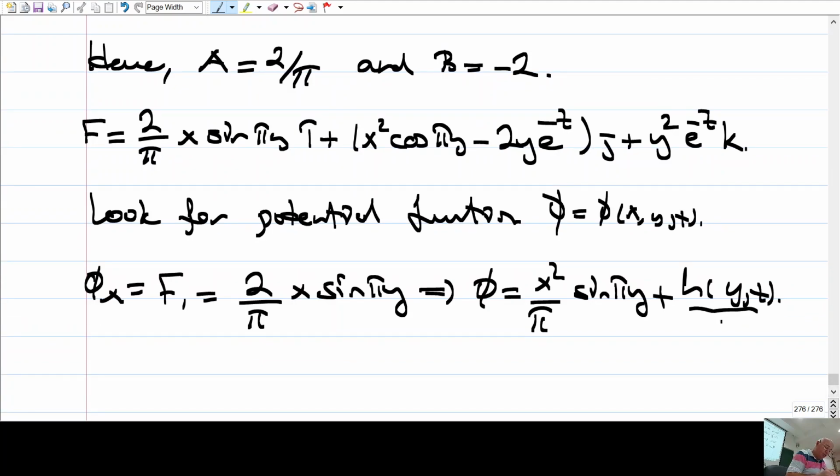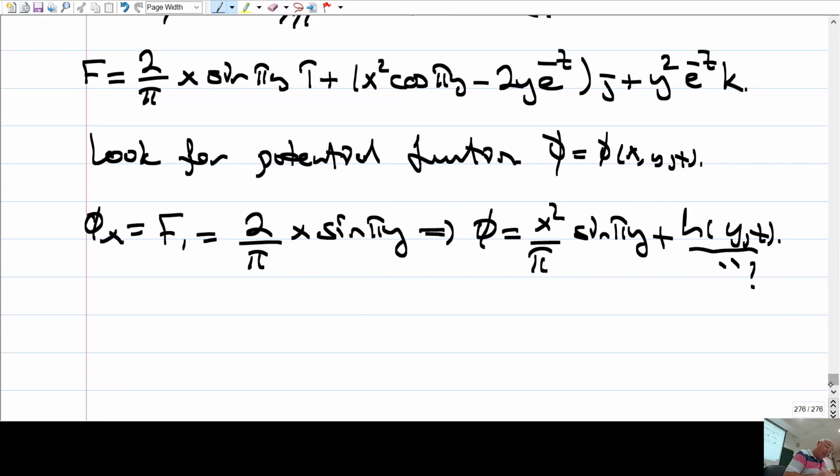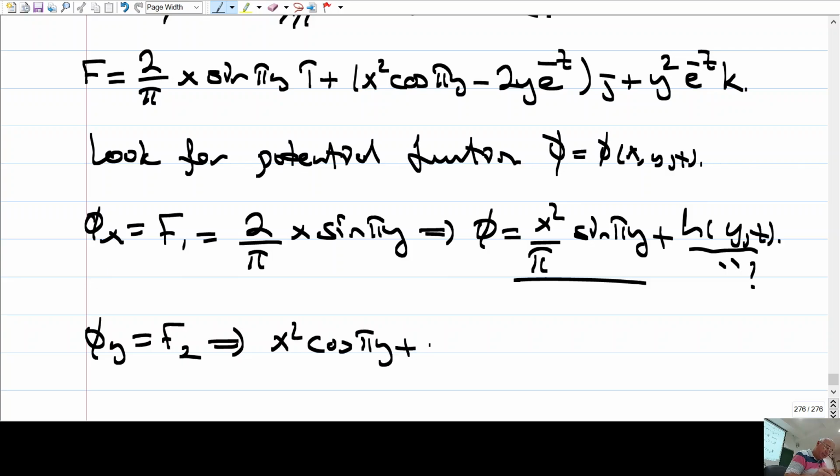We don't know what this is. How can we determine that? Well, we will determine that using the other equations. Phi sub y should be F2. When you take the derivative with respect to y, you get x squared cosine pi y plus h sub y.